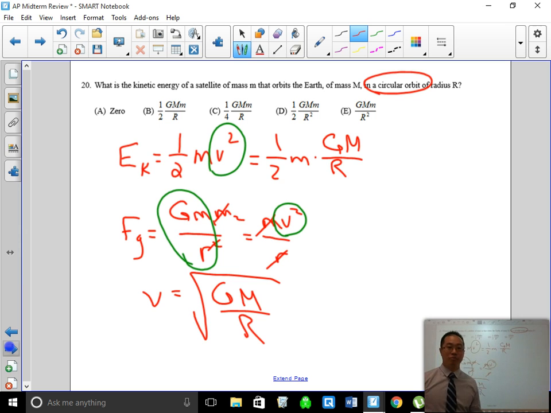And we end up with choice B. So that one's complicated because you're substituting one formula into another formula. But if you break it down, we know the formula for kinetic energy, we know the formula for gravitational energy. How do they relate? And they end up relating by the speed.